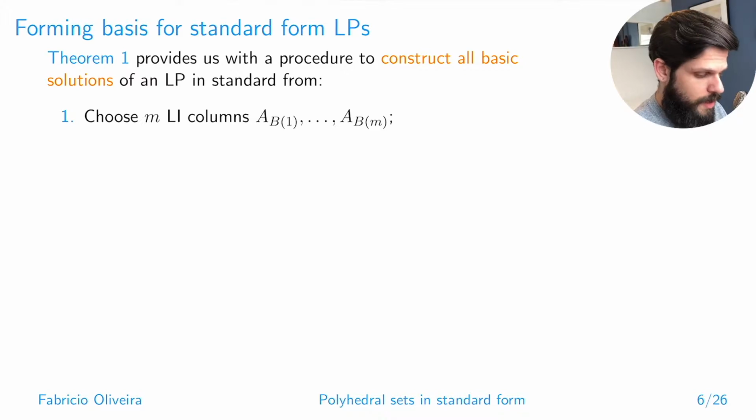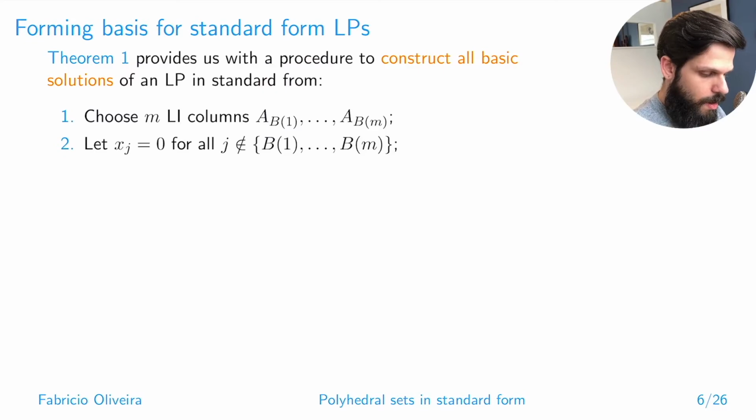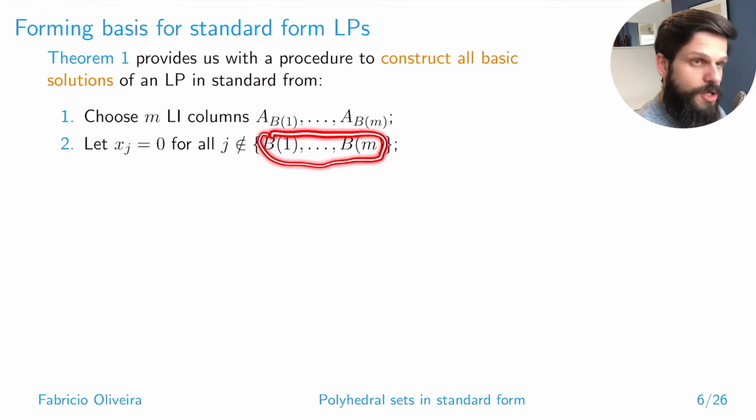I look at my matrix A, and from my matrix A, what I have to do is to choose m columns, and these m columns are what are going to compose my system of equations, right? A given system of equations. Once I pick these m columns, what I can do next is make all other variables that are not represented by the indices of the columns I chose, 0.